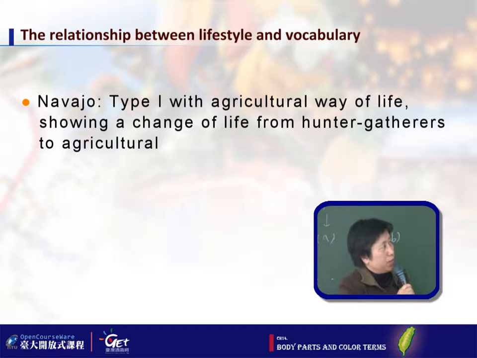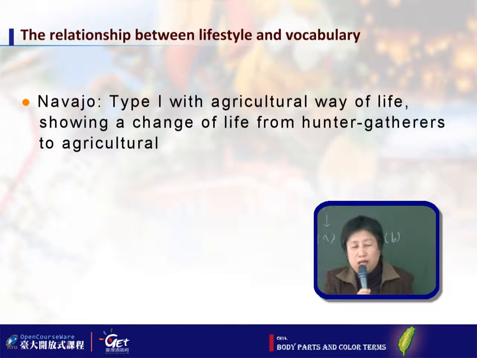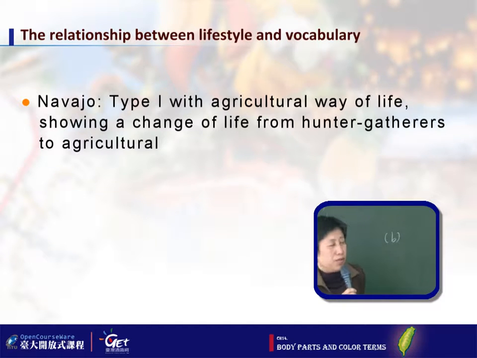We look at other languages, for example, Navajo. Navajo actually is showing a type 1 typology, that is finger and hand. They use the same term for finger and hand, but now they have an agricultural way of life. Apparently it doesn't fit our hypothesis that there's a correlation between lifestyle and language.